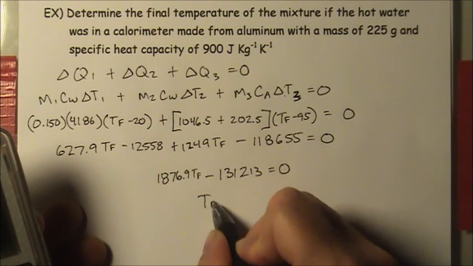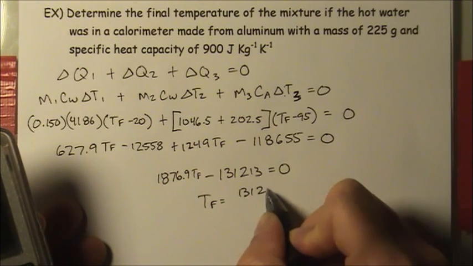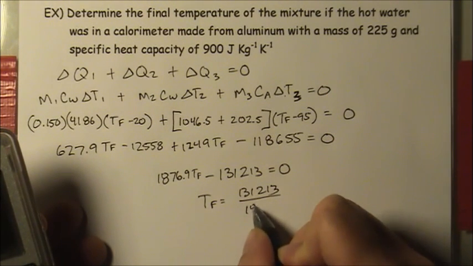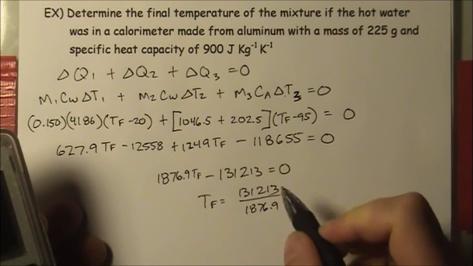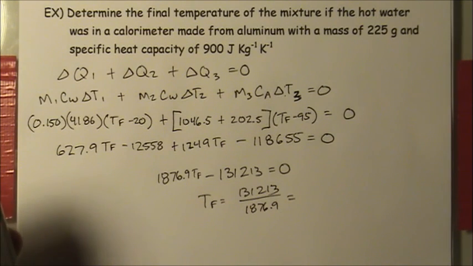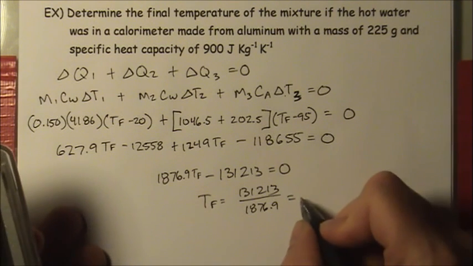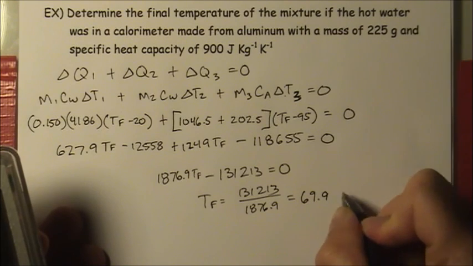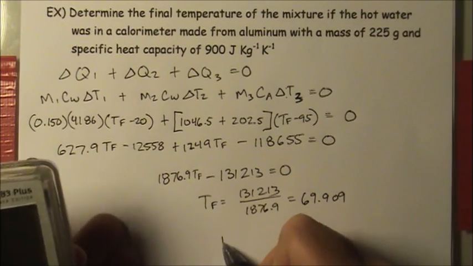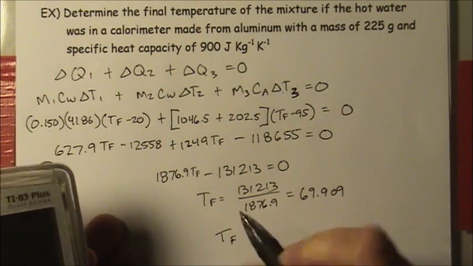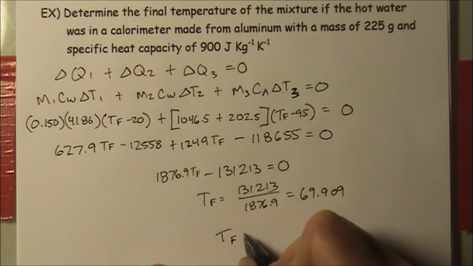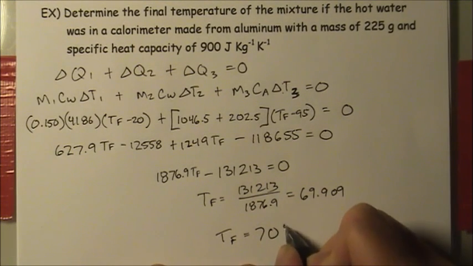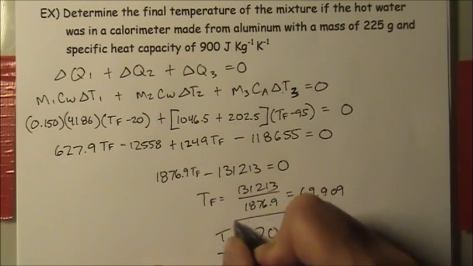So therefore my final temperature will be 131,213 divided by 1876.9. And that is going to be 69.909. So the final temperature we will call, based on the number of significant figures, 70 degrees Celsius.